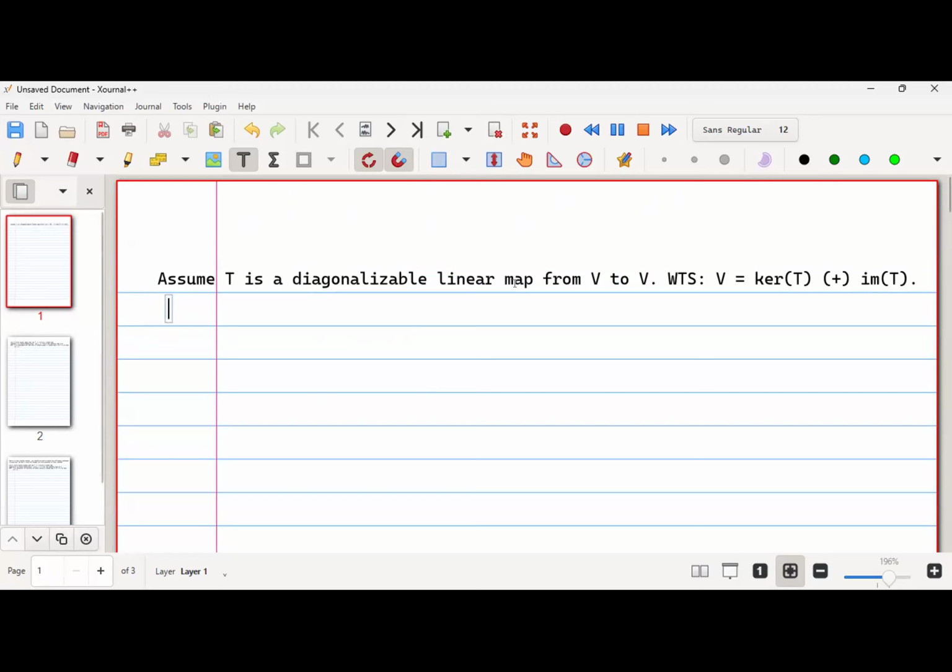Does anyone have a definition for it or any characterization for it? Yeah, assume V is a finite dimensional vector space. Sorry about that. I was leaving that out.